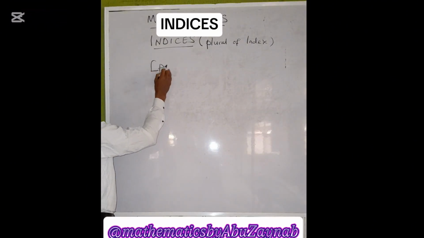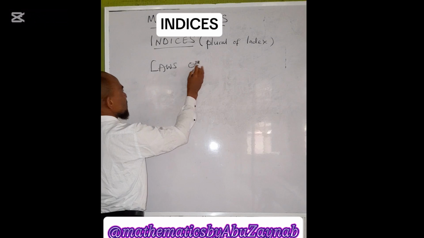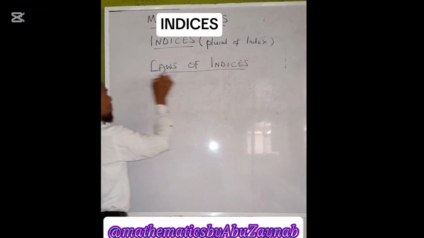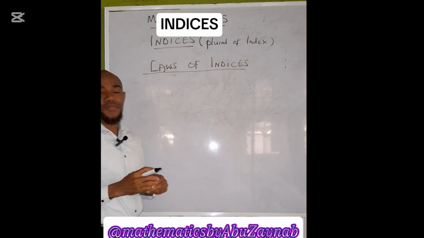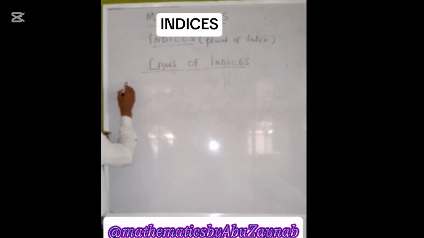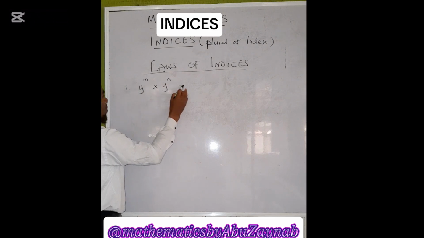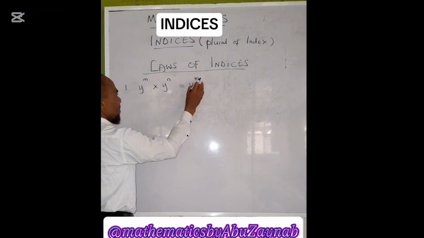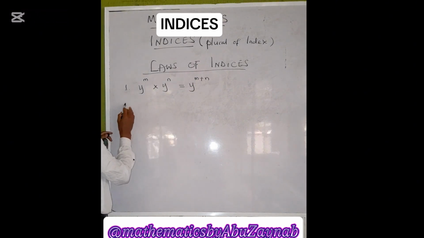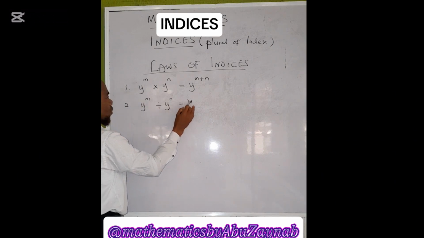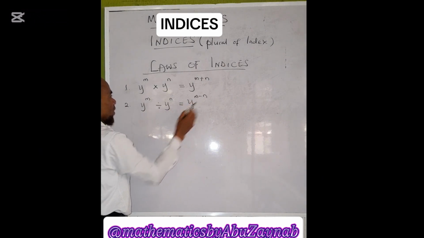The laws of indices are a set of about 7 rules that guide the operations of indices. And it goes thus. 1. y to the power of m times y to the power of n equals y to the power of m plus n. 2. y to the power of m divided by y to the power of n equals y to the power of m minus n.